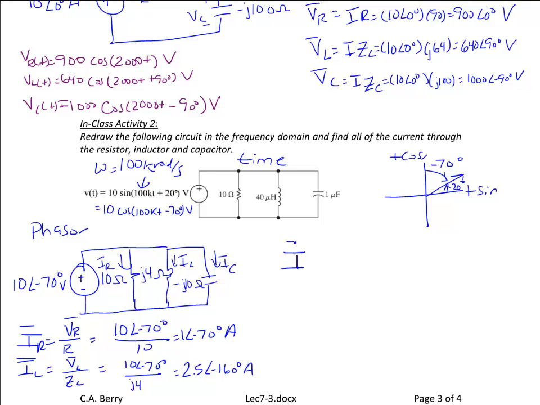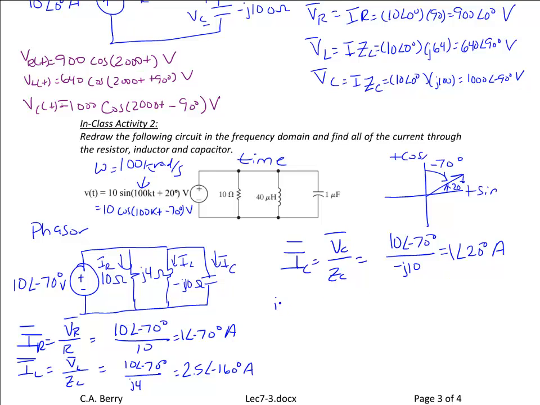The current through the capacitor would be equal to the voltage across the capacitor divided by the impedance of the capacitor, 10 with an angle of negative 70 degrees, divided by negative j10, which is equal to 1 with an angle of 20 degrees, and the units are amps.